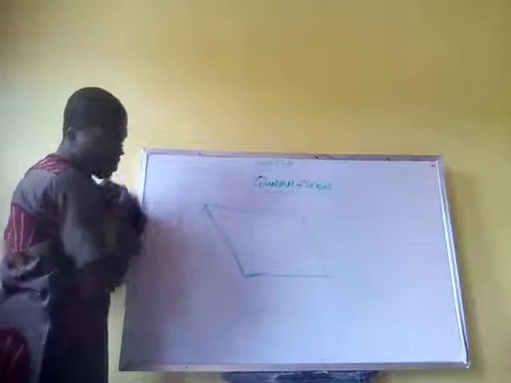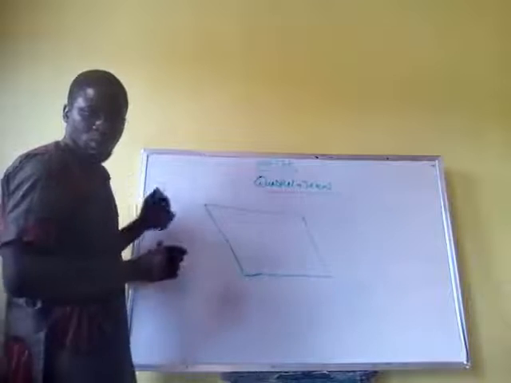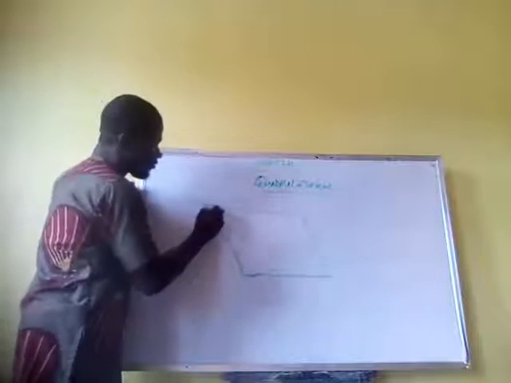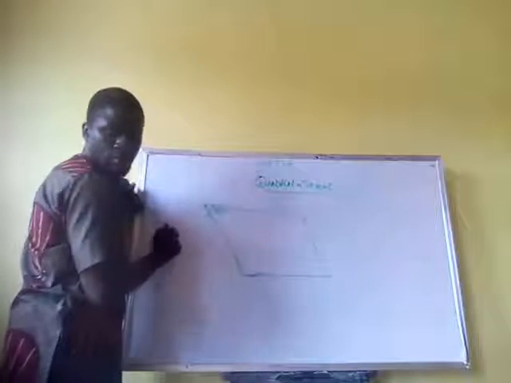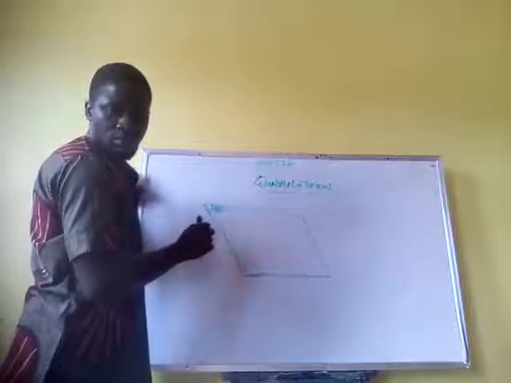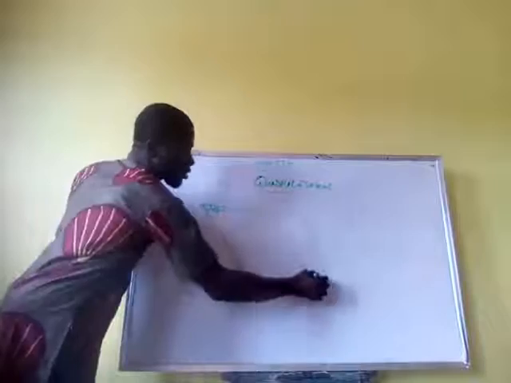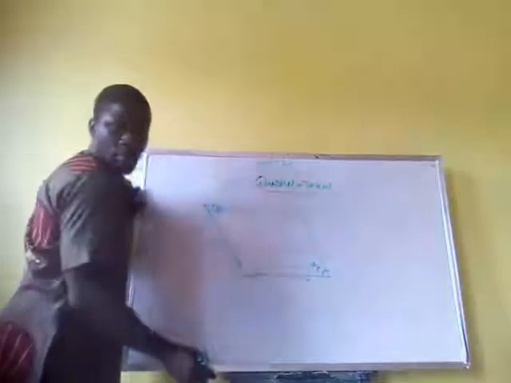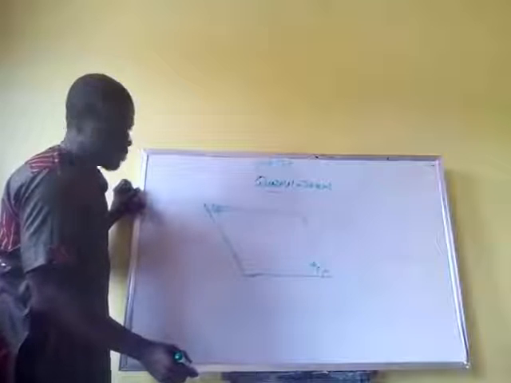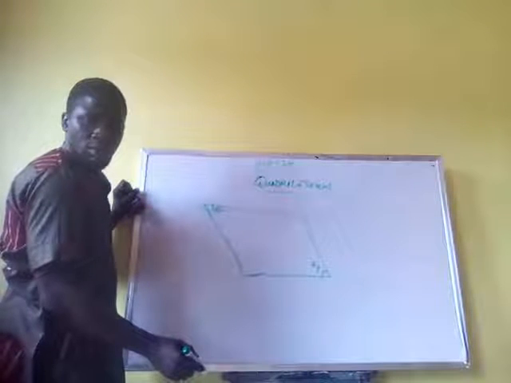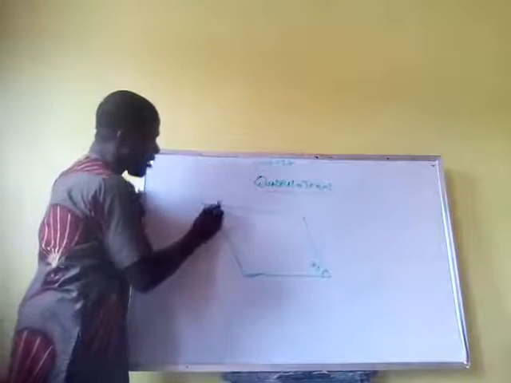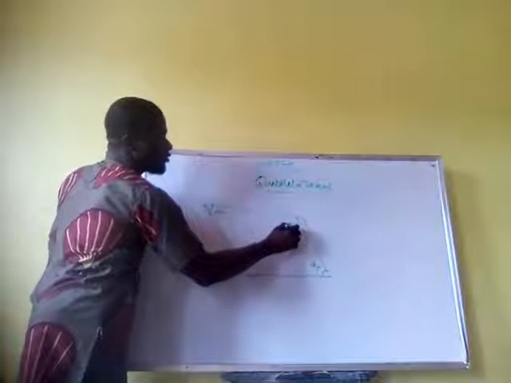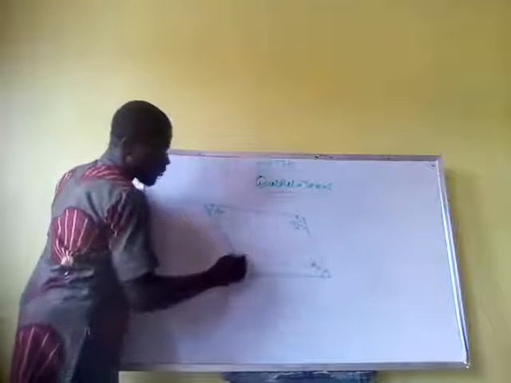So here is 65 degrees, here is z, here is 65 degrees, and here is y.